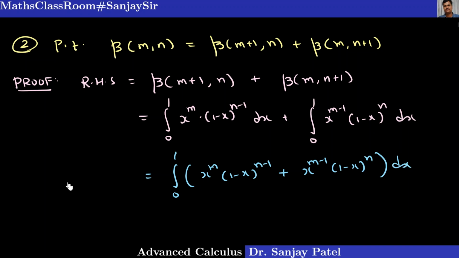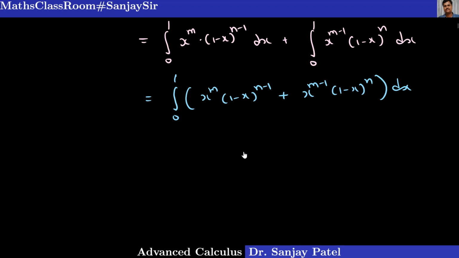Okay. Now from this expression, you can see that I can take something common. So taking integral 0 to 1, taking the minimum power of the two different types of terms x and 1 minus x as a common factor. So I am writing x raised to m minus 1, the minimum of m and m minus 1 here, and 1 minus x raised to n minus 1.